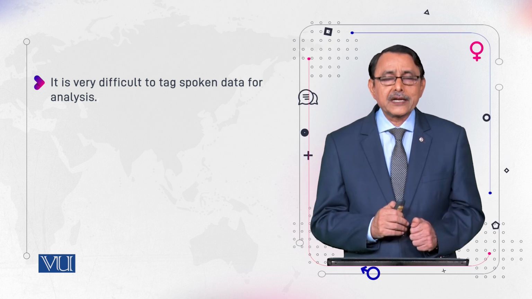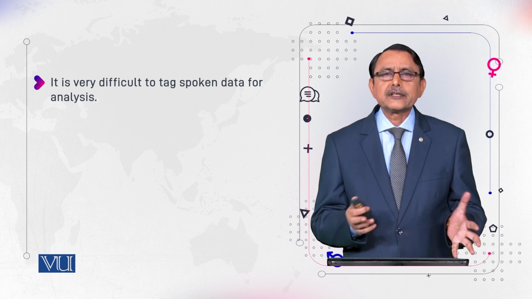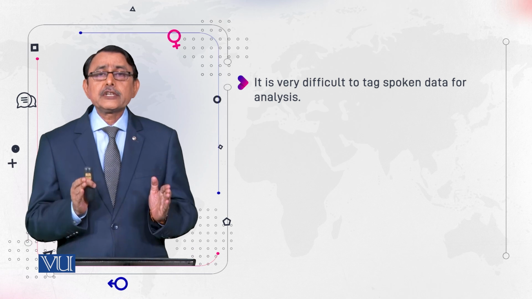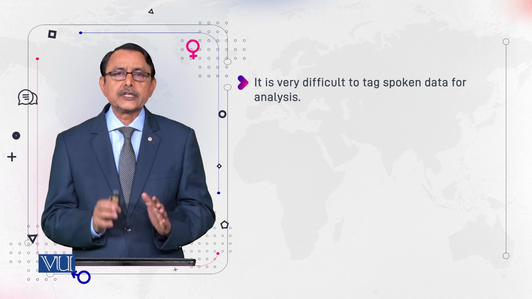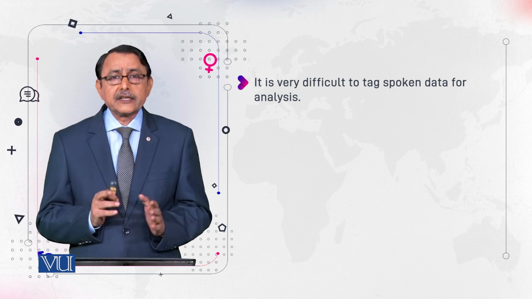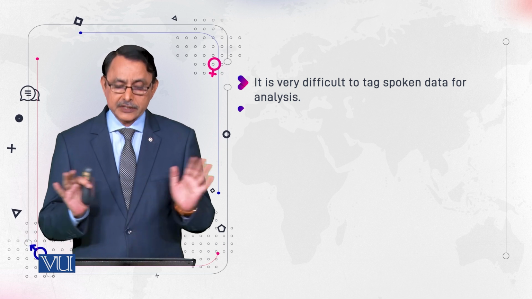This is called tagging. So you insert information in your text that is in form of symbols. Okay, this is tagging. So if your data is spoken, and usually in our case the data would be spoken, it would be some conversation, some dialogue, that tagging is manually very difficult. Even with computer it is difficult.